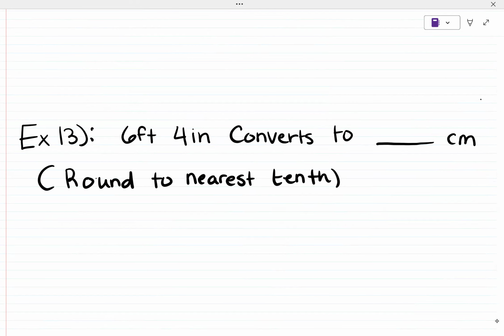Okay, example 13, we have 6 feet, 4 inches converted to how many centimeters? Round to the nearest tenth. So what we've got to do is first convert everything into inches.